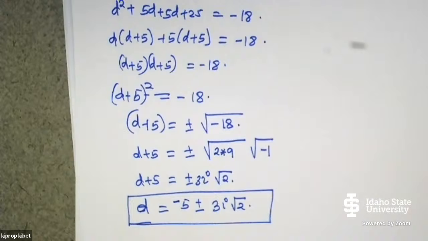So you can simplify this. This is 2 multiplied by 9, and the square root of 9 is 3.